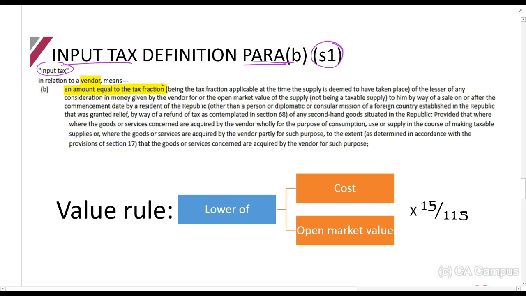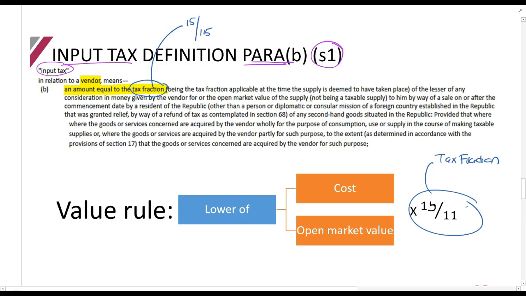The tax fraction is this 15 over 115. The tax fraction, they say, of the lesser of any consideration in money given by the vendor, or the open market value of the supply of any second-hand goods situated in the Republic.